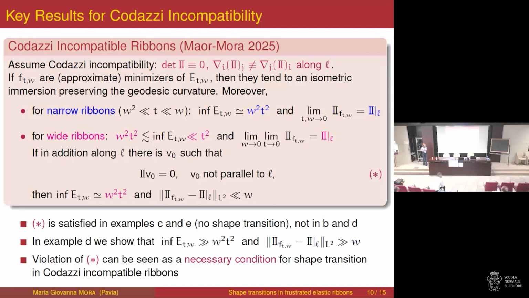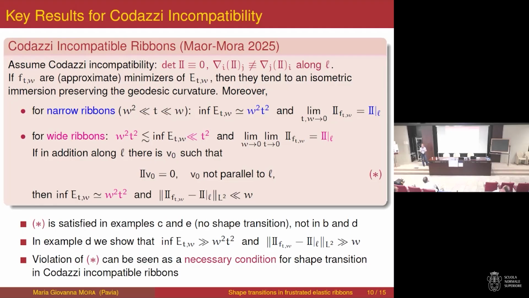So if you want, this shows that the nature of the two incompatibilities, so the Gauss incompatibility and the Codazzi incompatibility, is very different. So the shape transition in Gauss incompatible ribbons is in a sense very strong, so strong that you can detect it very well from this asymptotic analysis, where we compute the limit.